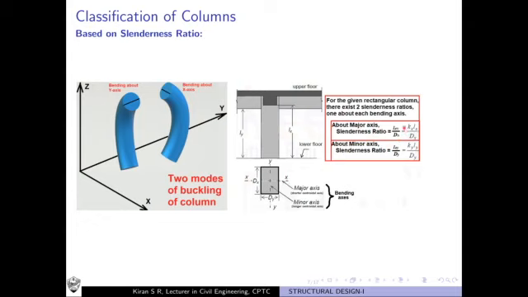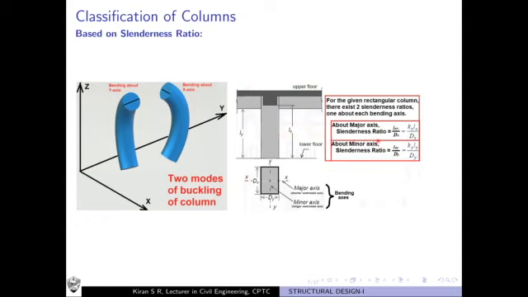The slenderness ratio is equal to Lex by dx, where Lex, the effective length about the x-axis or major axis, is given as kx into Lx: the effective length ratio about the x-axis into the unsupported length about the x-axis. In the same way, the effective length about the y-axis is the effective length ratio into the unsupported length about the y-axis. So this will give you the slenderness ratio for the major axis as well as the minor axis.